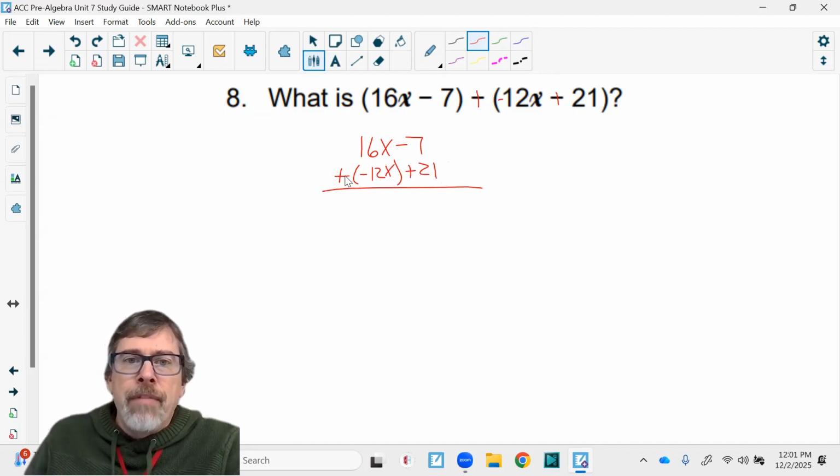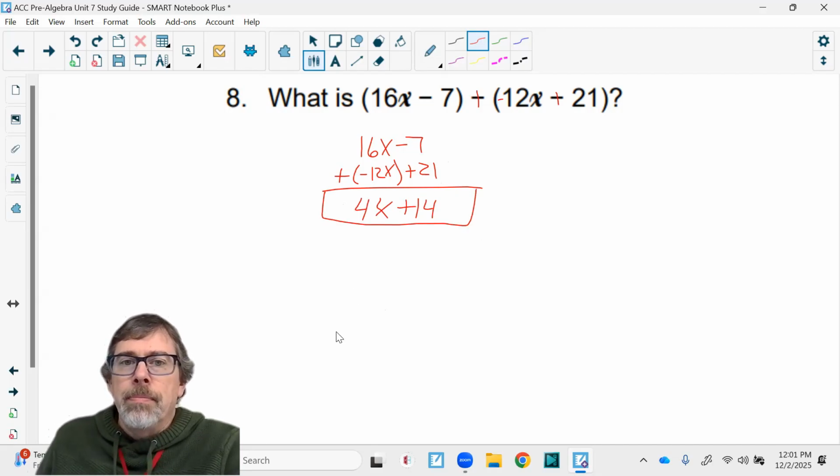Okay, so negative 7 plus 21 is a positive 14. 16x plus a negative 12x is minus 12x, and that becomes 4x. So my answer is 4x plus 14. Okay.